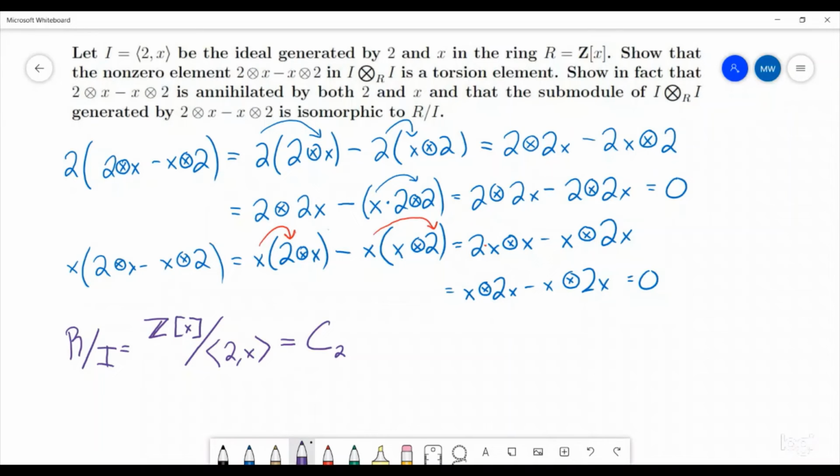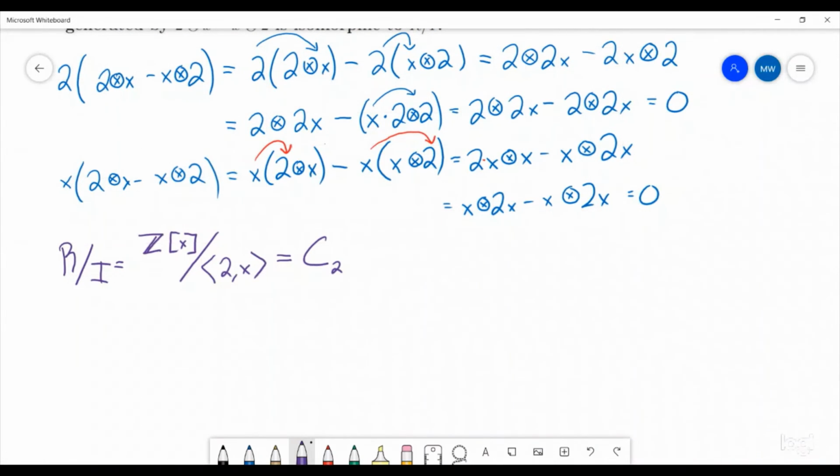So we are going to just need to show that the submodule generated by 2 tensor x minus x tensor 2 has only 2 elements. And in fact, that's pretty straightforward to do. Let's look at 2 tensor x minus x tensor 2. And the way that we're going to be getting new elements is we're going to just be adding this onto itself, because the only operation that we care about is the group operation, because this is just a group. It's not going to be a ring. That's all we're dealing with right now. So we have this plus itself.